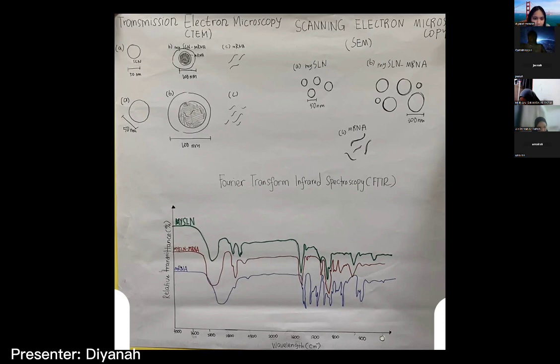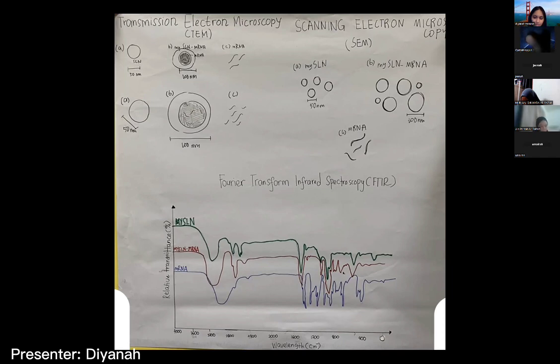In this case, the mRNA has a peak somewhere over here, and your nanoparticle with the mRNA should also have that peak, and there are some parts where it possesses the peaks of the mySLN, like this part here. That's essentially the fundamentals of observing the FTIR spectra.